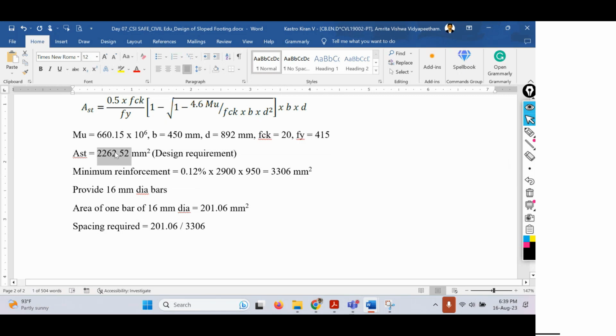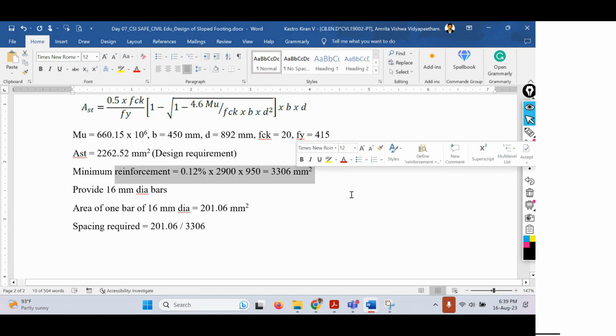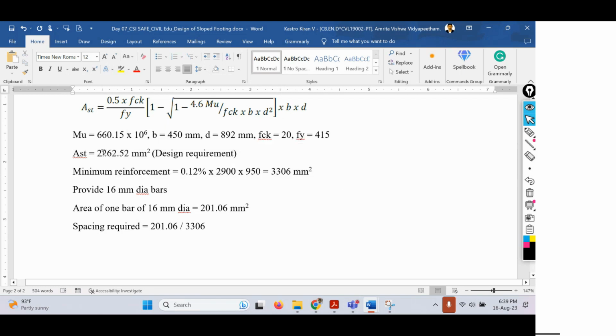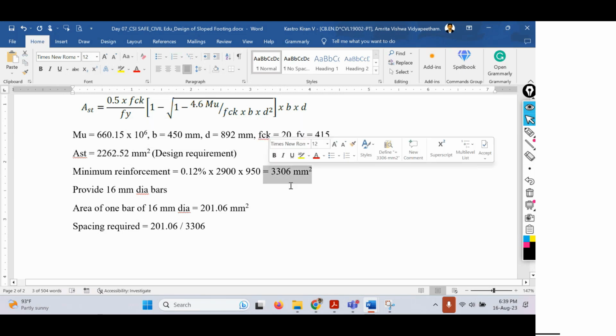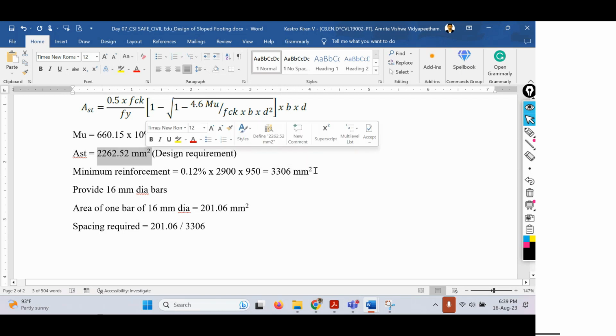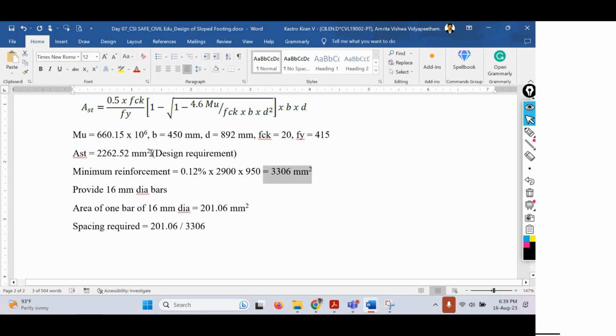You have to always cross check whether design requirement value is less than minimum reinforcement or greater than minimum reinforcement. If the design requirement value is less than the minimum reinforcement value, then you have to provide minimum reinforcement value only. If the design requirement value is greater than the minimum reinforcement value, then you have to provide design requirement value only. That's the most important thing.